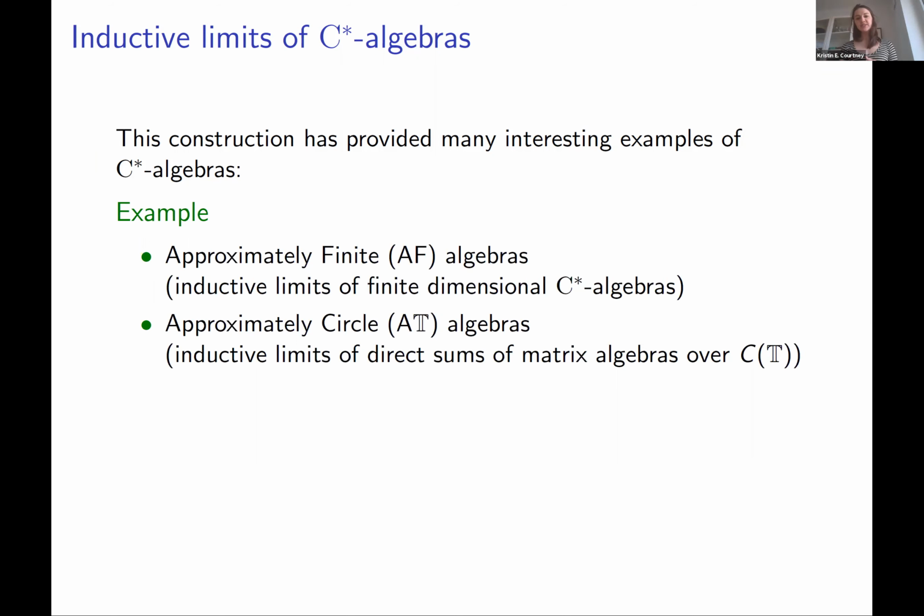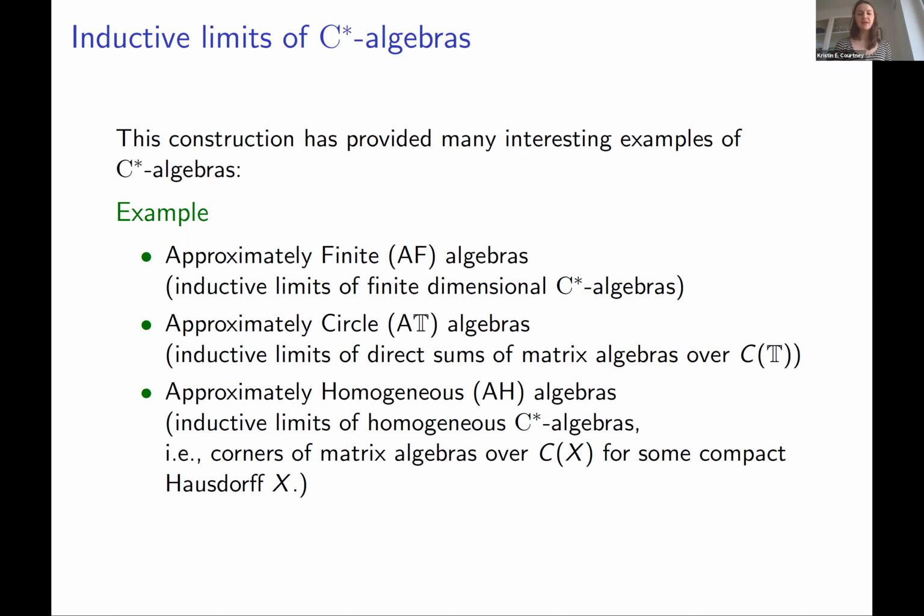AT algebras, which are inductive limits of direct sums of matrix algebras over continuous functions on the unit circle. And approximately homogeneous or even subhomogeneous algebras, which are limits of homogeneous C-star algebras, which we'll take for this talk to be corners of matrix algebras over continuous functions on some compact Hausdorff space.